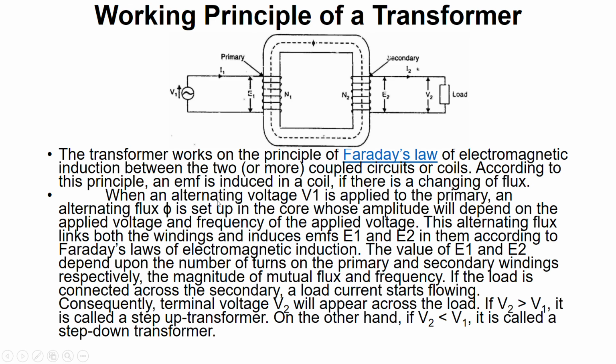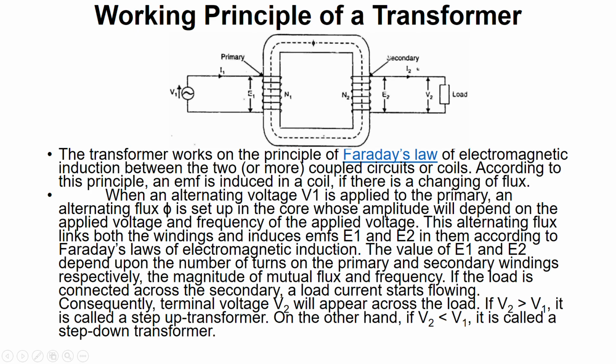When an alternating voltage V1 is applied to the primary, an alternating flux phi is set up in the core, whose amplitude depends on the applied voltage and the frequency of the applied voltage.